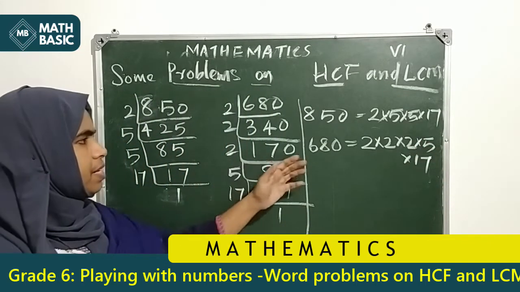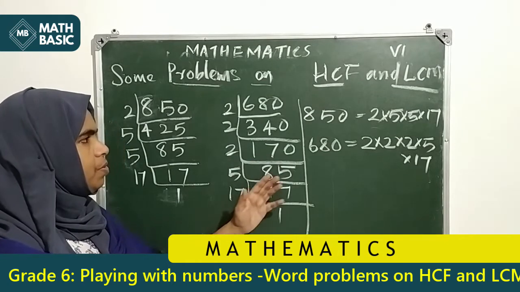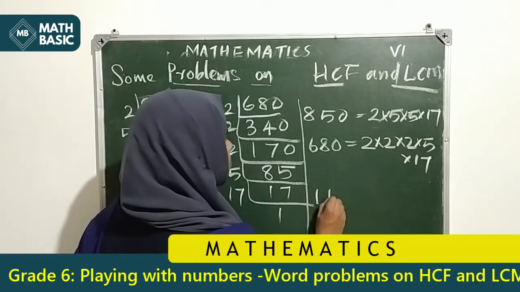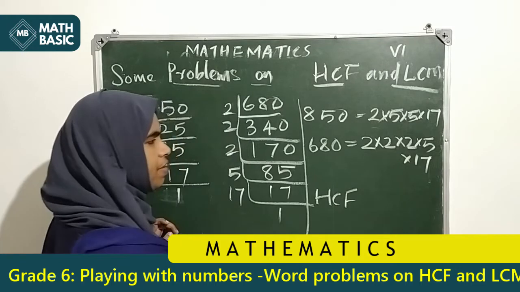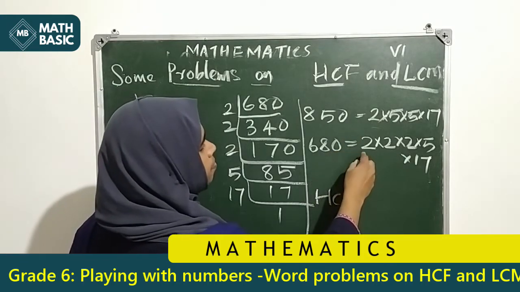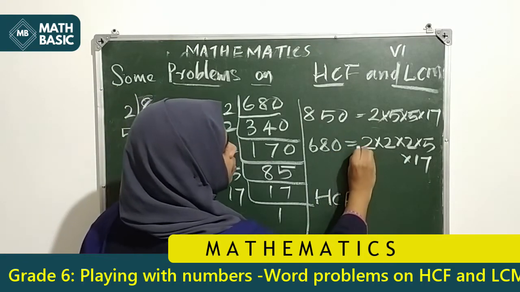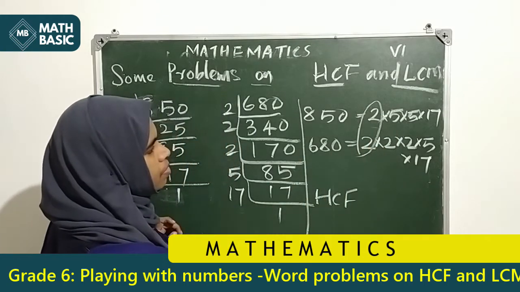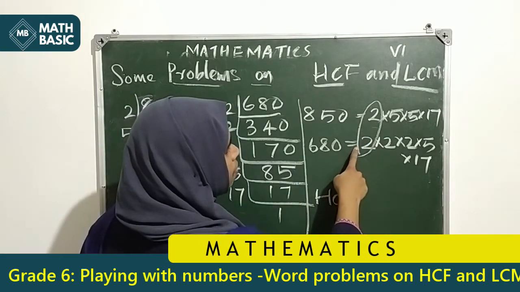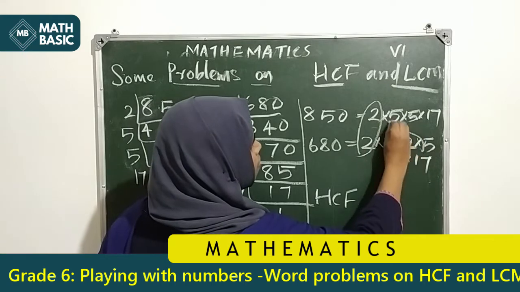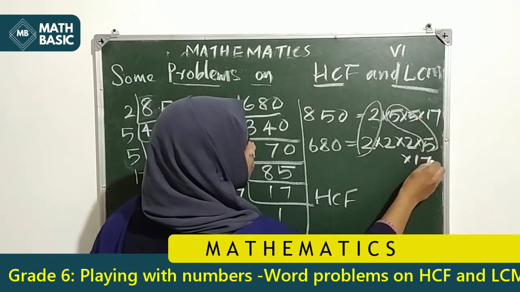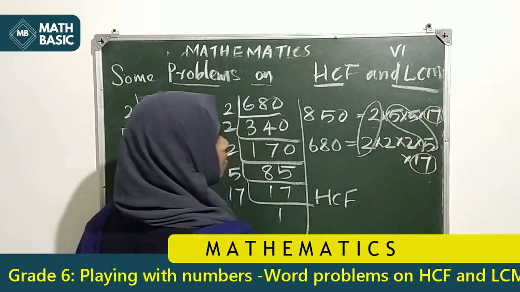This is the prime factorization. To get the HCF, we take the common factors: only one 2 is common, then one 5, then one 17.